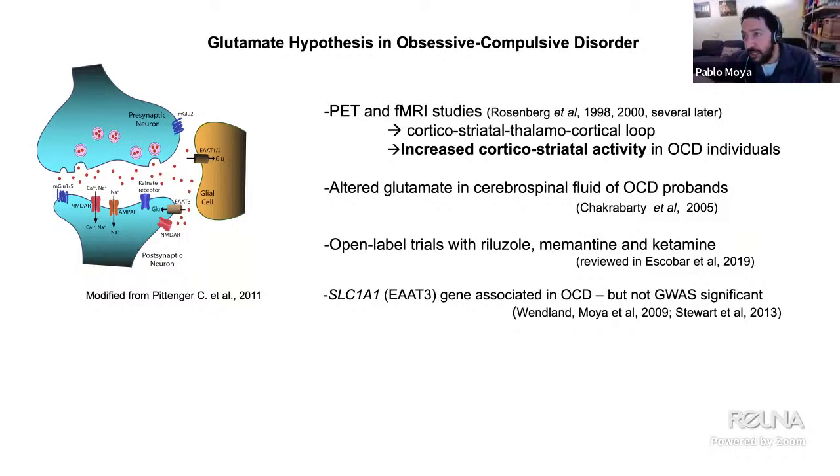However, it did not reach genome-wide significance so far in 2 large studies. But as a candidate, it's still there. Not as strong as we wish, but there are several indications. In particular, the studies we did in 2009, where we found SNPs that are associated with increased expression.